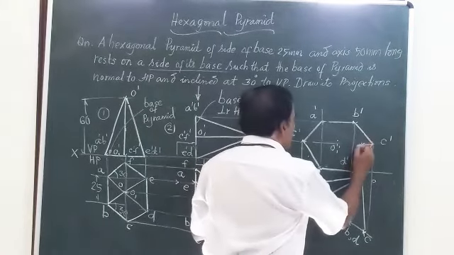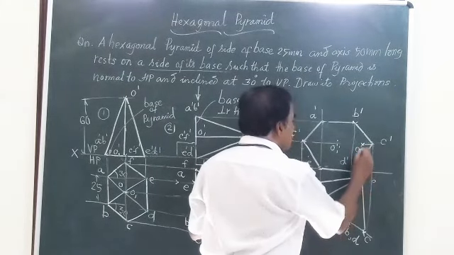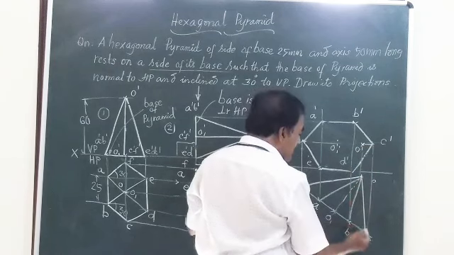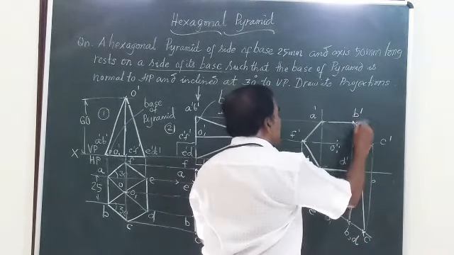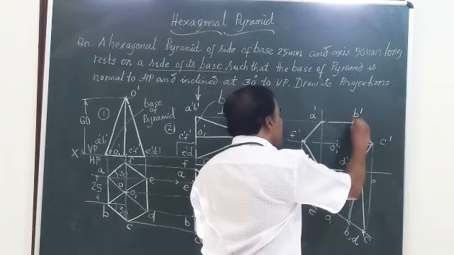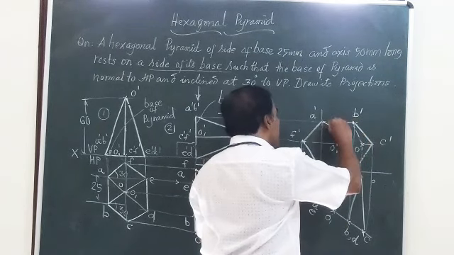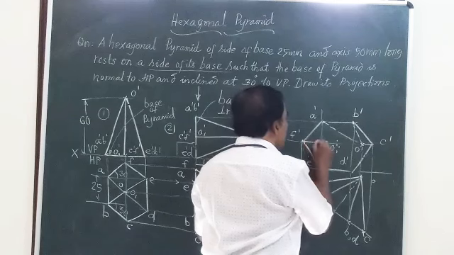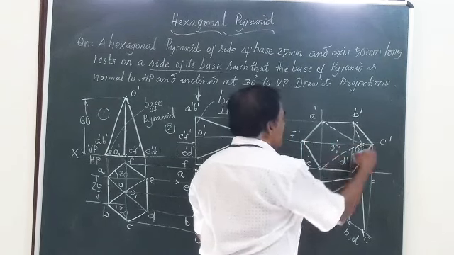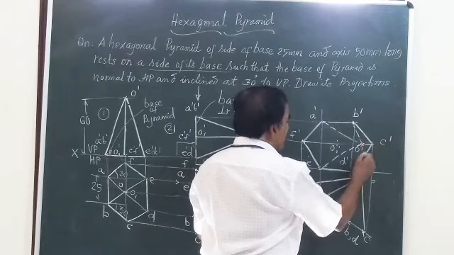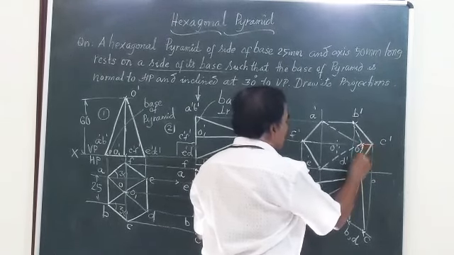Whereas the vertex of the solid is here. That is O dash. That comes as being covered by all these. So I am going to join this O dash, B dash, O dash, A dash, O dash, F dash, all these slanted edges by dotted lines, because the vertex of the pyramid has come inside.